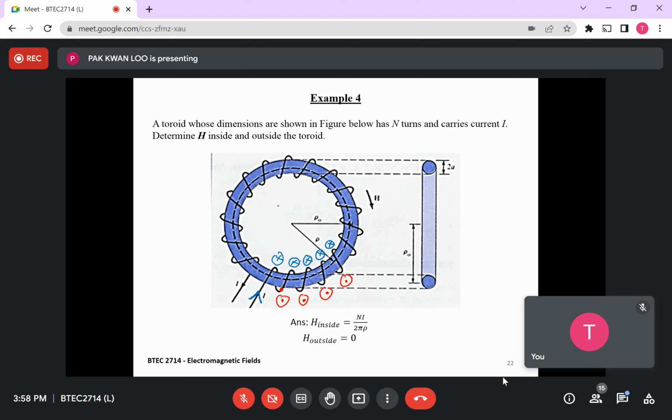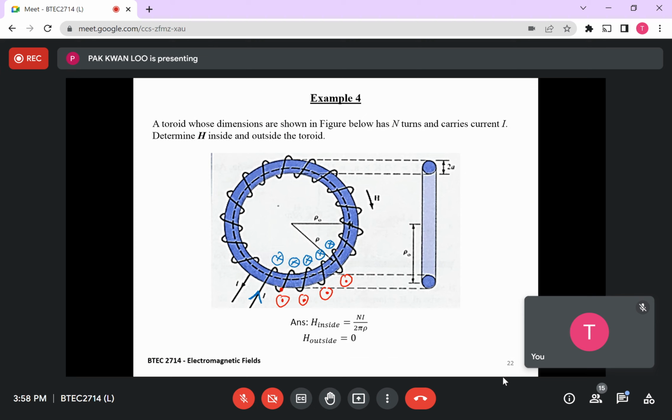Okay, I won't continue drawing the rest. This is for illustration. For each winding that wraps around the toroid, the wire goes into the page here.